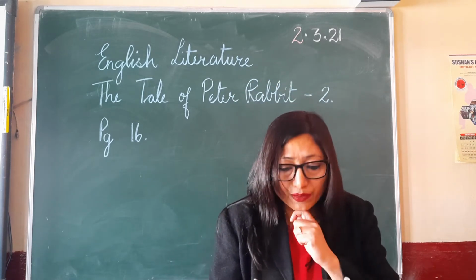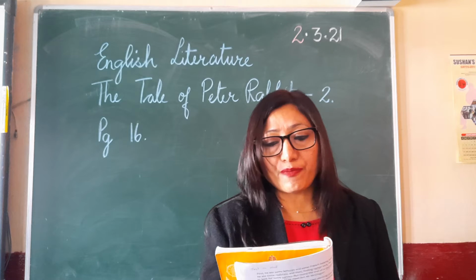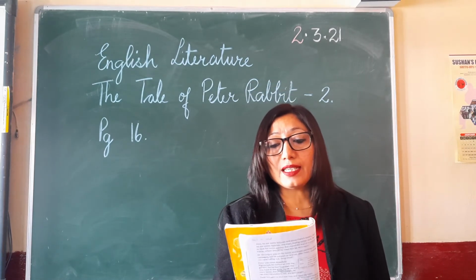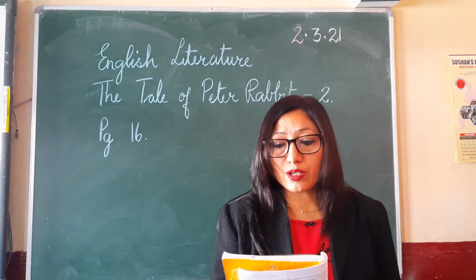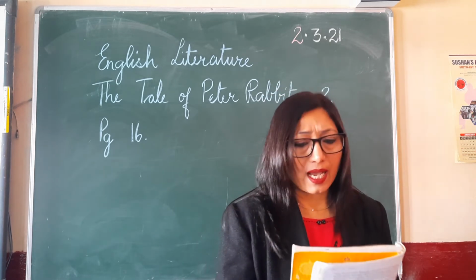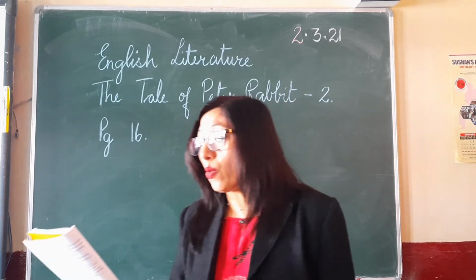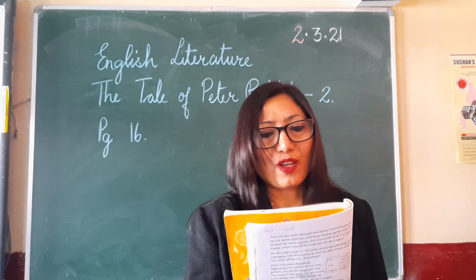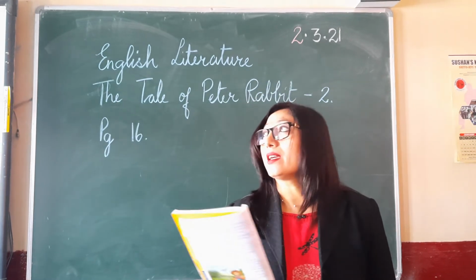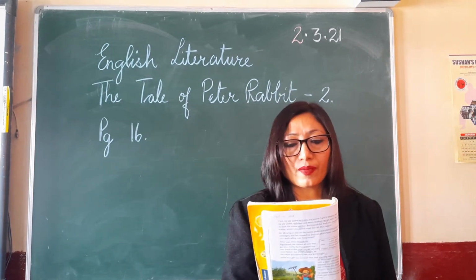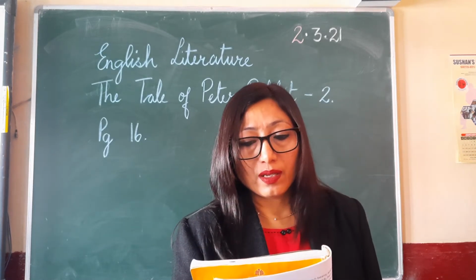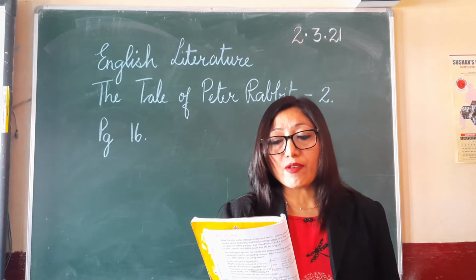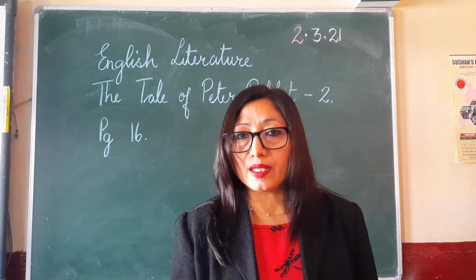Peter sat down to rest. He was out of breath and trembling with fright, and he had not the least idea which way to go. After a time, he began to wander about, going lippity, not very fast, and looking around. He found a door in a wall, but it was locked, and there was no room for a fat little rabbit to squeeze underneath.